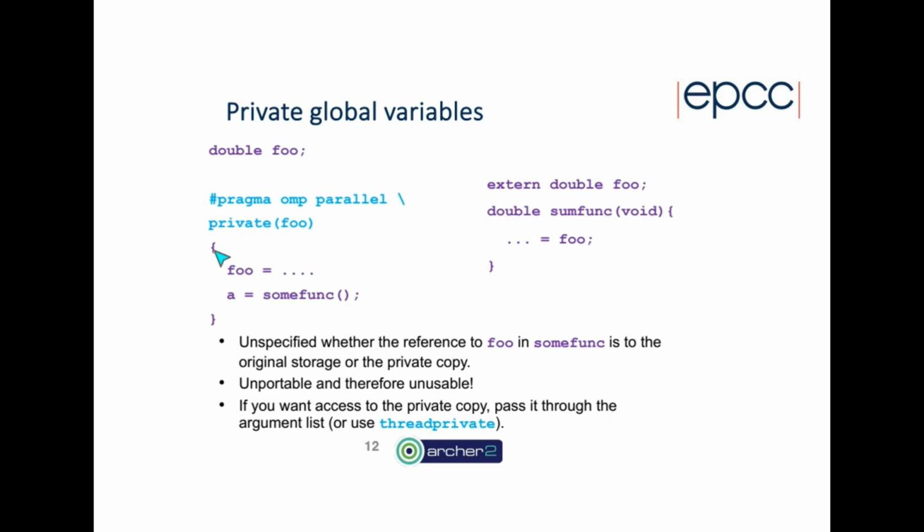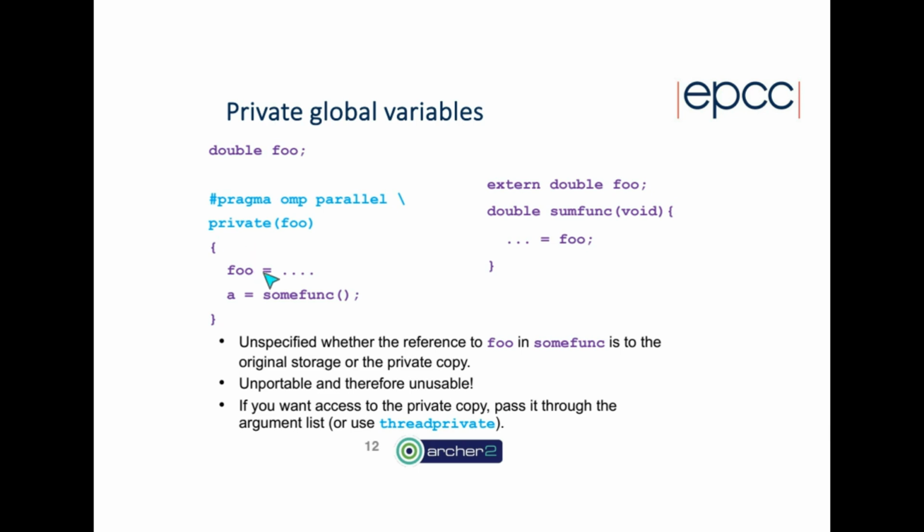Okay, and this is a nasty little feature to do with global variables and private clauses. Suppose I have a global variable, maybe declared at file scope, called foo here, and I have a parallel region where foo appears in a private clause.